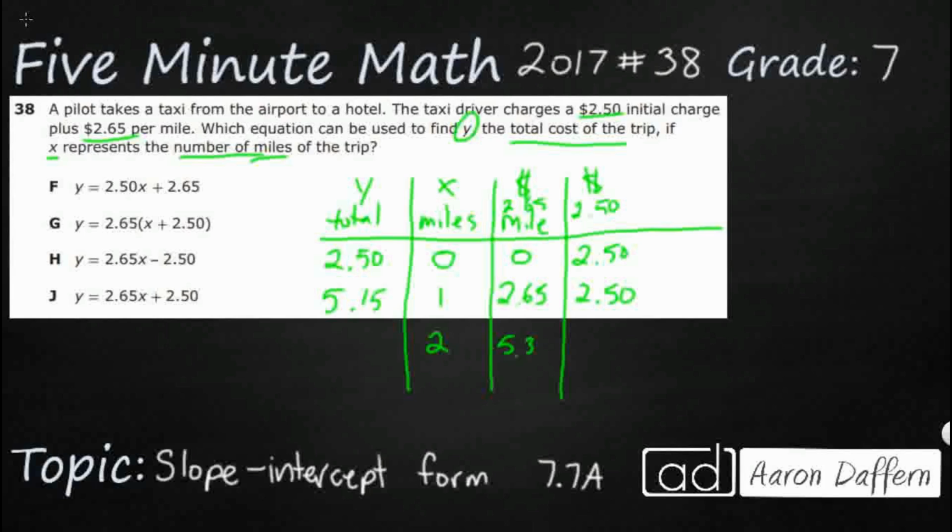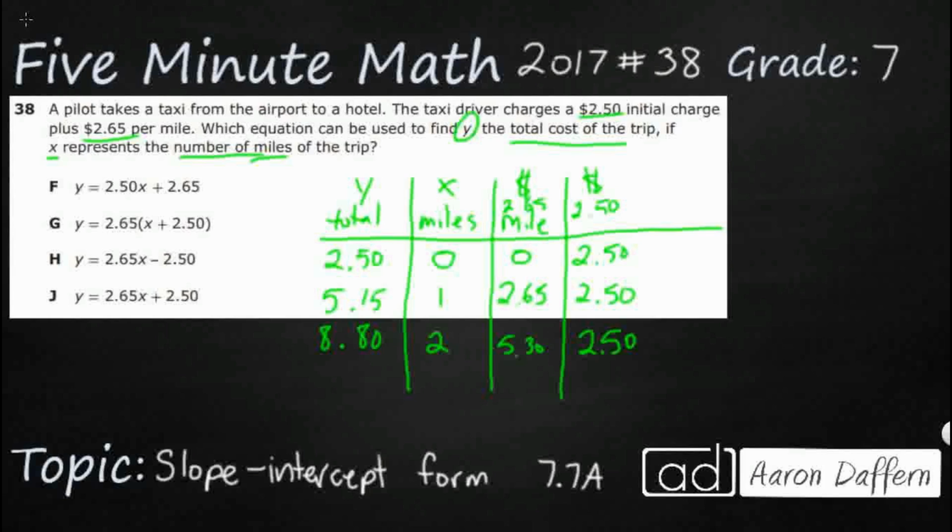But that initial start charge stays the same. So the longer you go, the less impactful that initial charge is, because if you go 20 miles, obviously you're going to be spending $45, $50, but you just have an initial charge of 250. And so we've got this 250, so we add that up, and that's going to be 880. We could just keep going, but we see how this is kind of working here.